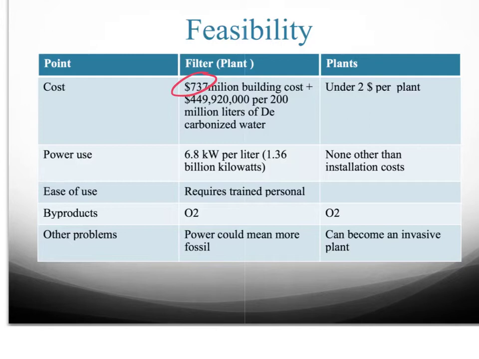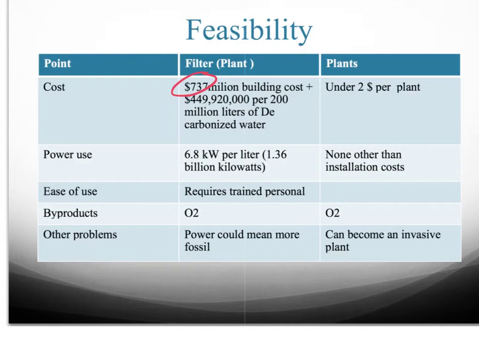Well, on the other side we have the plants, and a plant like this is under $2. So with the amount of money that it would take to build a carbon dioxide water filtering plant and the operation costs for 200 million liters, not including personnel costs, you would be able to plant 593 million Hygrophila corymbosa plants into the ocean.